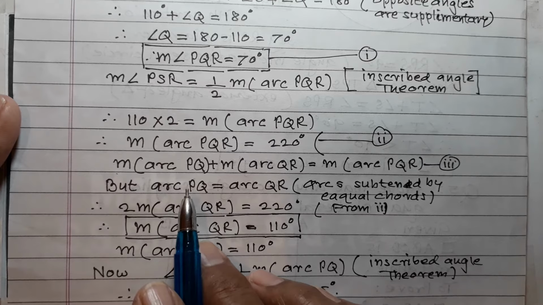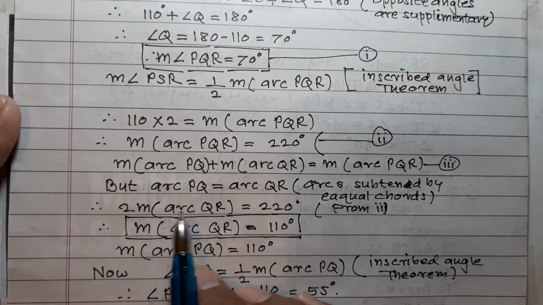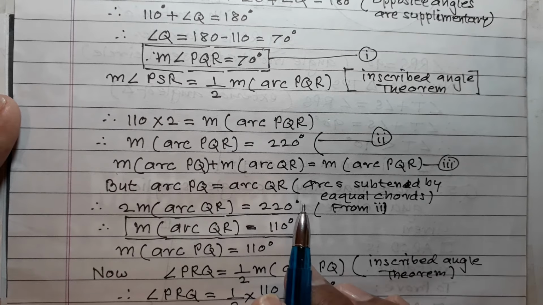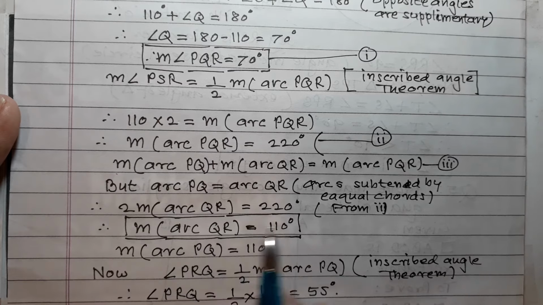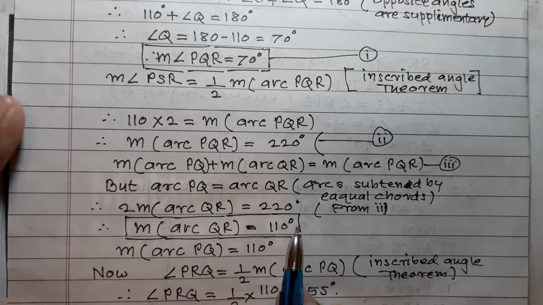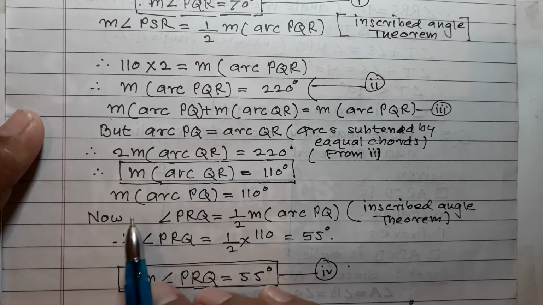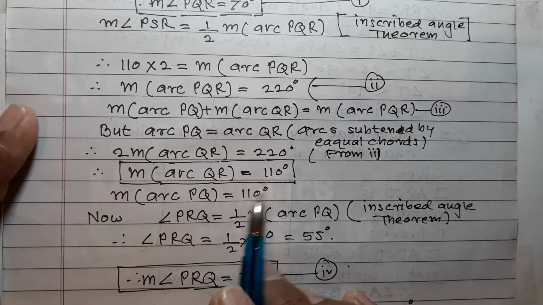For this QR I substitute PQ, so twice arc PQ is equal to 220, and therefore arc PQ is equal to 110. So arc QR is also equal to 110.